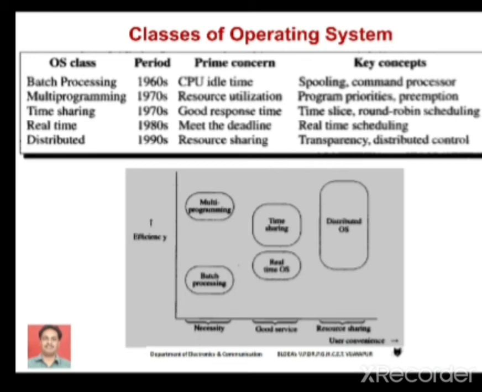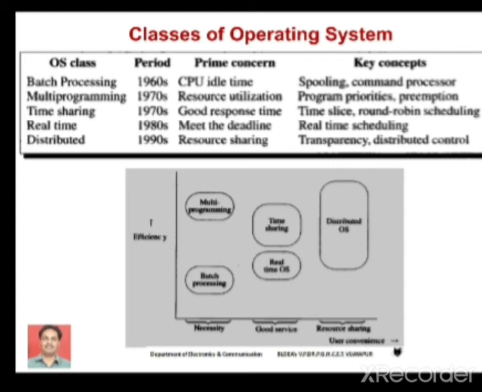Batch processing operating system, this class of operating system was developed in the 1960s. At that time, computers were rarely available, only in some universities or research labs. Here the goal of the operating system was to reduce CPU idle time.